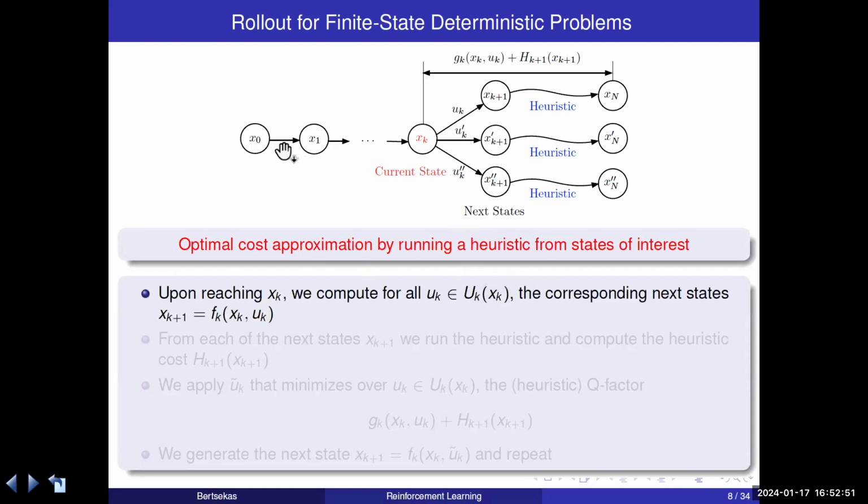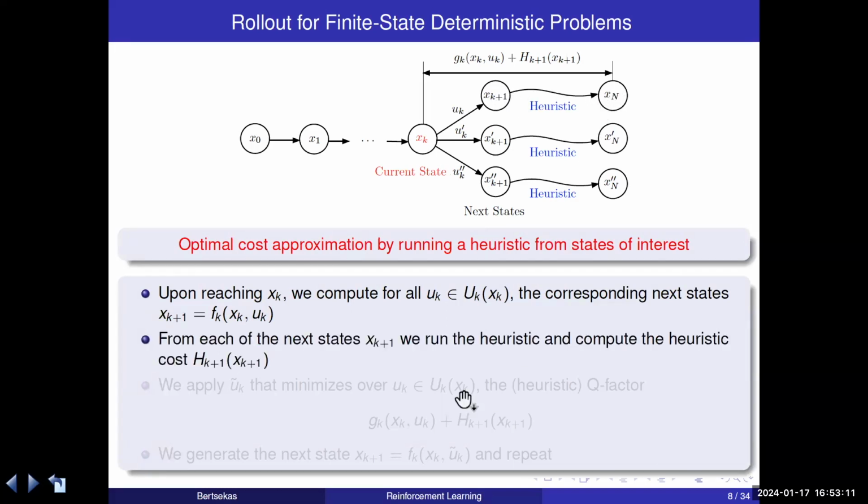So here's how we use rollout. Upon reaching the state xk, we consider all the possible controls that can be used at that state. Ideally, we would like to have the optimal cost going from xk plus 1 to the end.